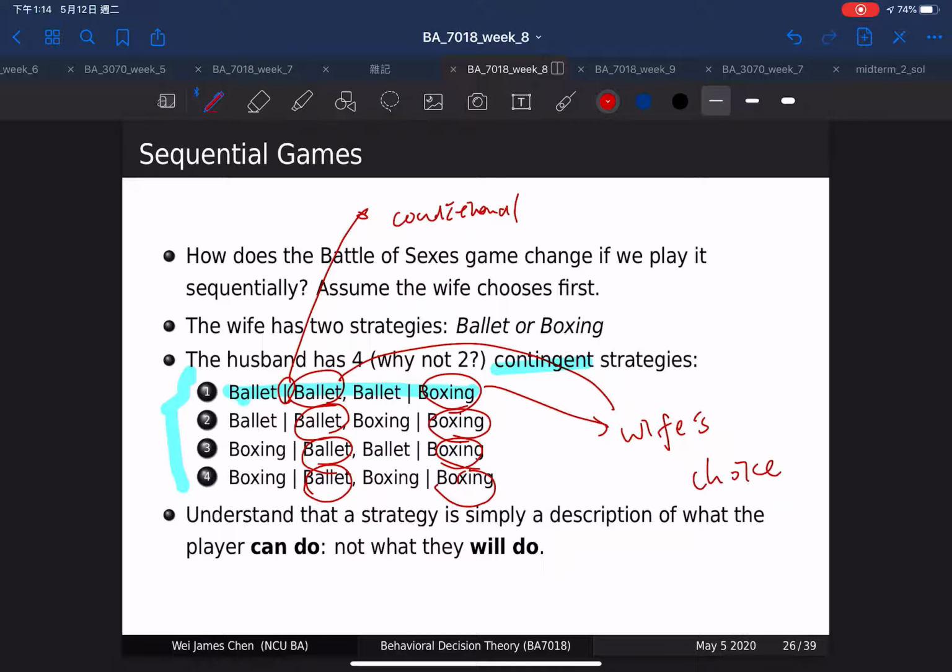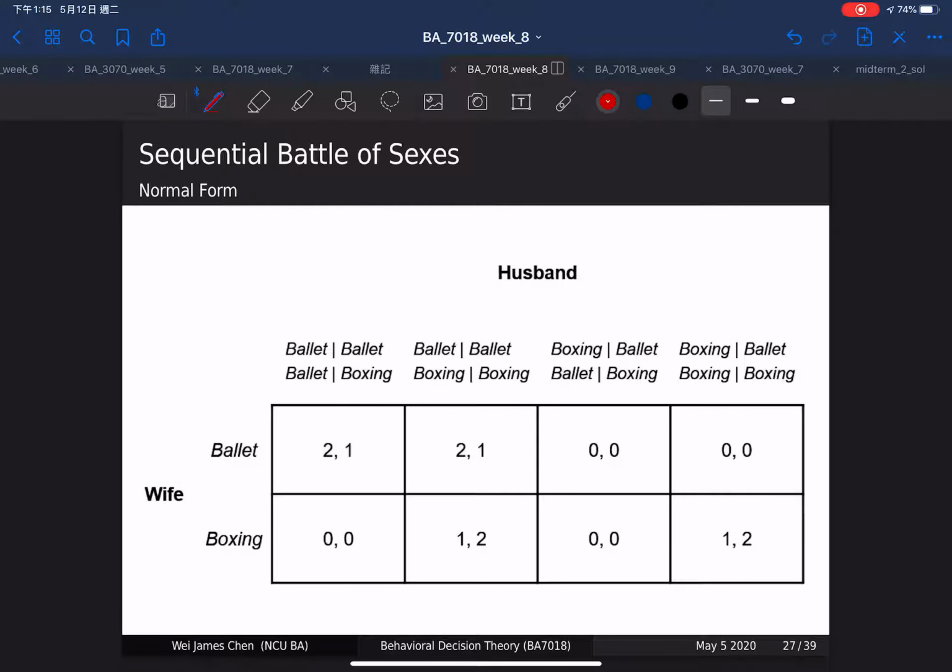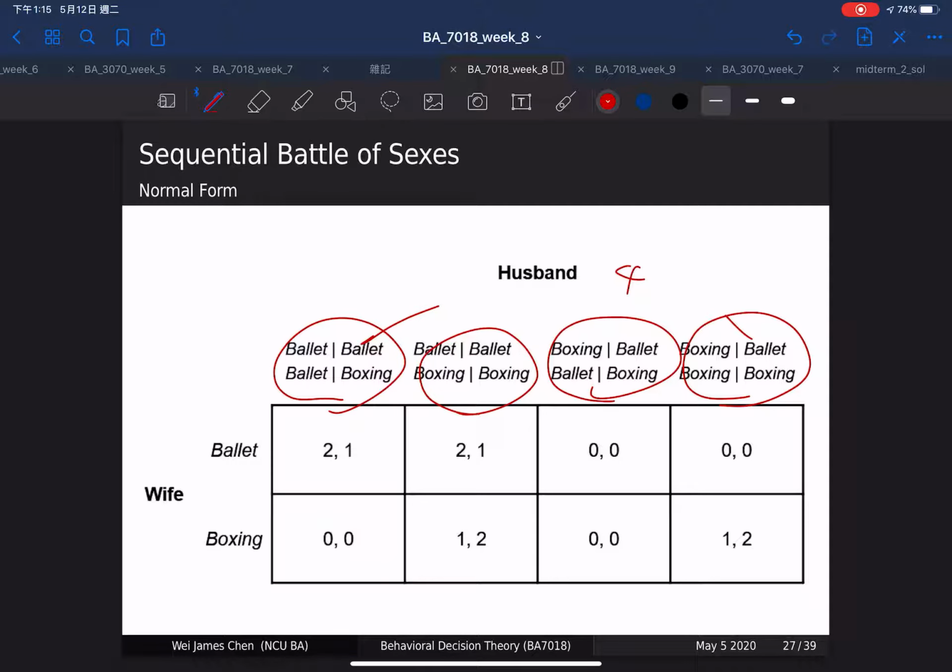Okay. And so if we write this sequential version of the battle of sexes into a normal form, notice that now the husband has 4 strategies, as I told you, but the wife still has only 2 strategies.